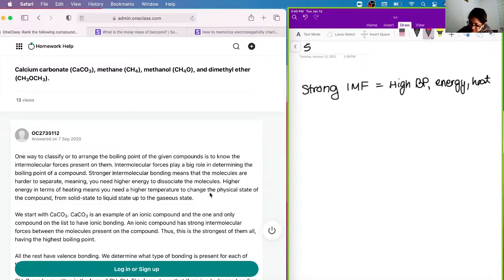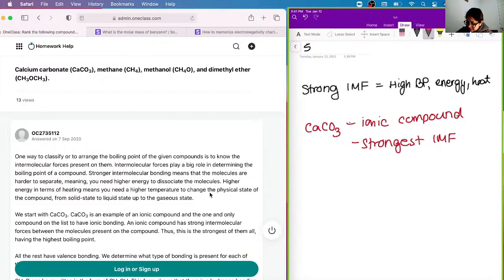So example 1, calcium carbonate. This is an example of an ionic compound because we know calcium is a metal. Ionic compounds have the strongest intermolecular force. So this is the strongest force that is present in the bond.